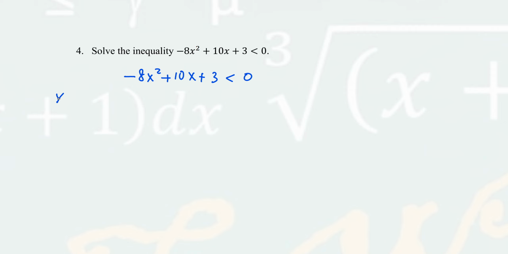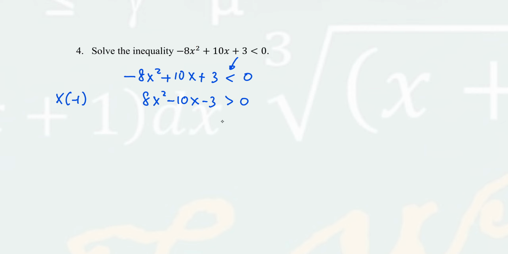So when I multiply negative 1 to the whole inequality, you have to change all the signs, from minus to plus and from plus to minus. Then the inequality sign you have to change as well. Instead of less than, it now becomes more than. This only happens when you multiply or divide by minus 1.